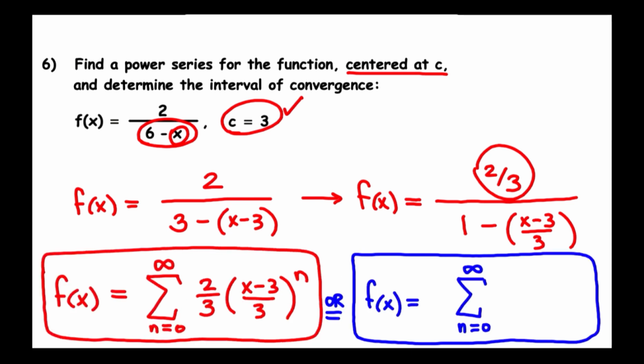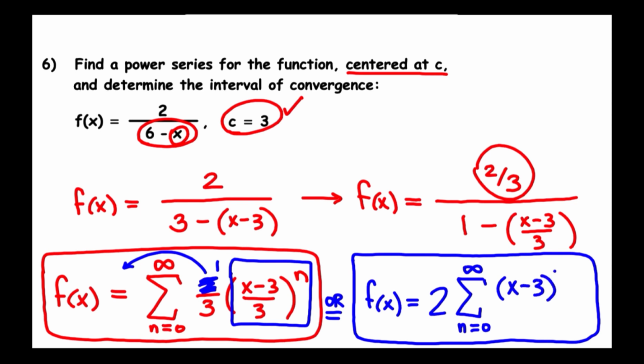Sometimes what you'll see is the textbook will take this 2 and kick it out front. And they'll write it here. And that will leave you with a 1/3. And then they take this parentheses to the nth power and they split it up. And so they say, okay, that's x minus 3 to the n over 3 to the n.